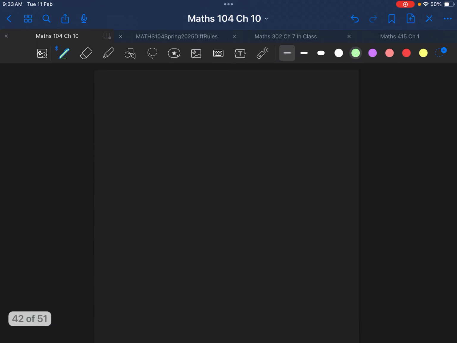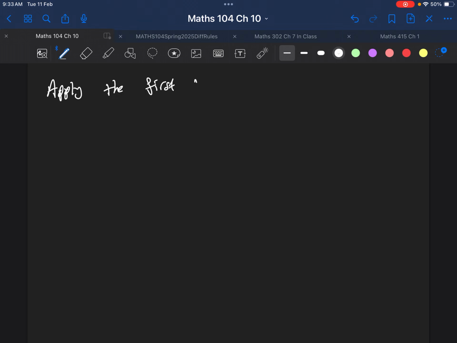Now, what is the first derivative test? All you need to do is apply the first derivative test. We need to do the number line. Here we write the critical number, which is only 0.